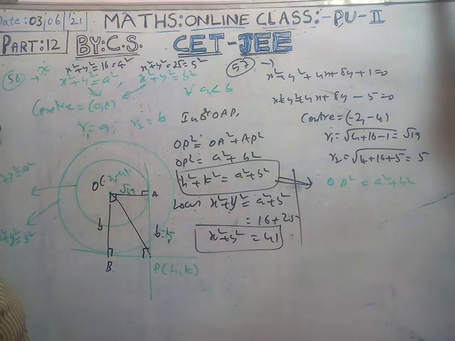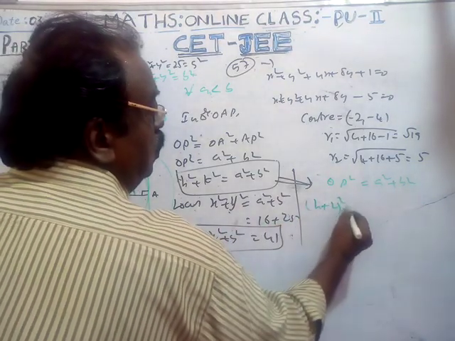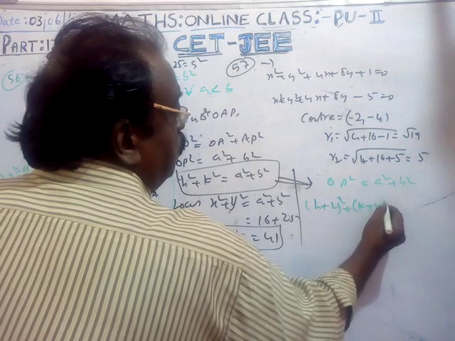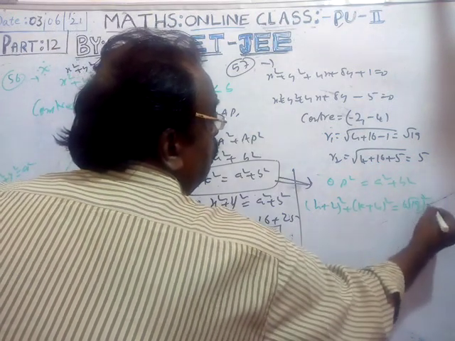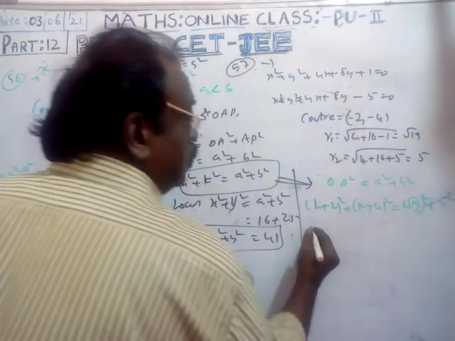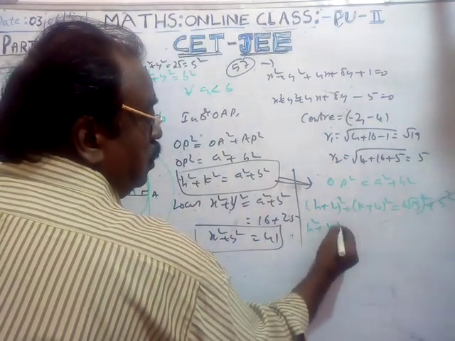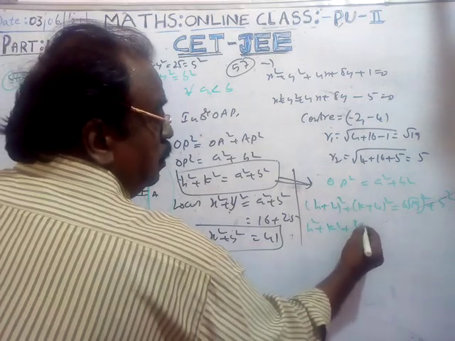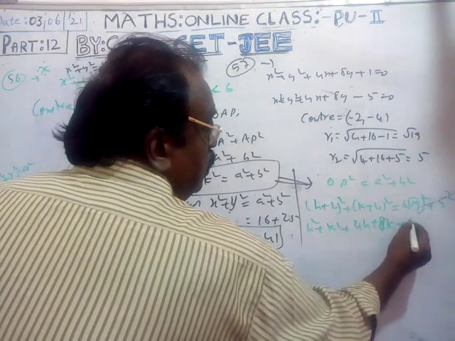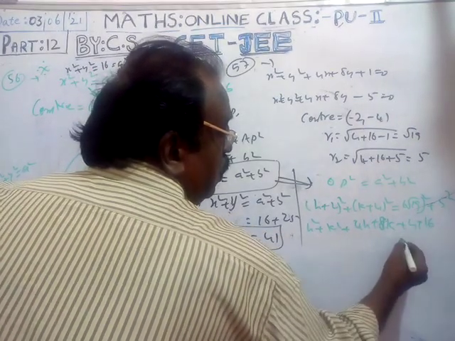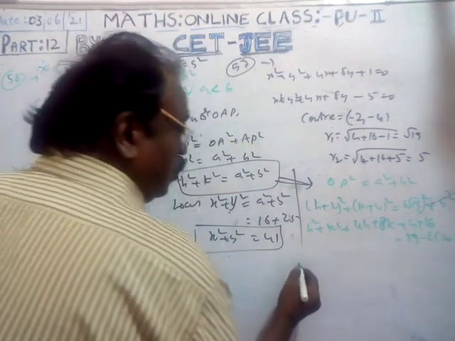Now you substitute. OP square means it is h plus 2 whole square plus k plus 4 whole square is equal to root 19 square plus 5 square. That is h square plus k square, in some order I am writing, plus 4h plus 8k plus 4 plus 16 minus 19 minus 25 is equal to 0.